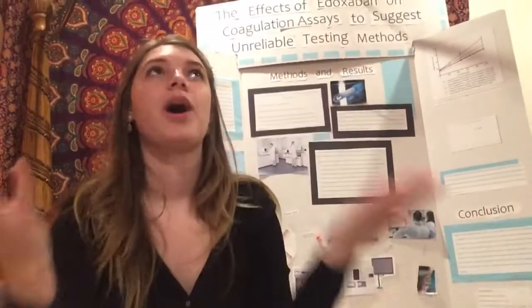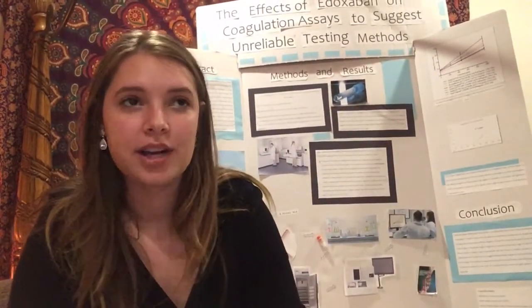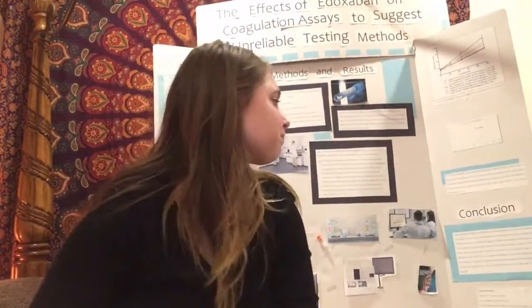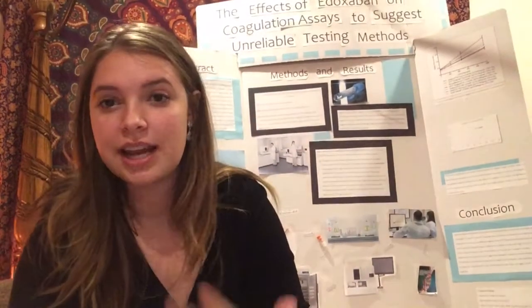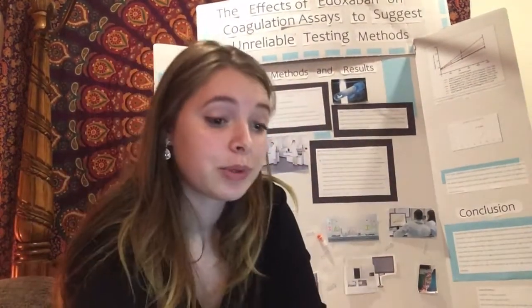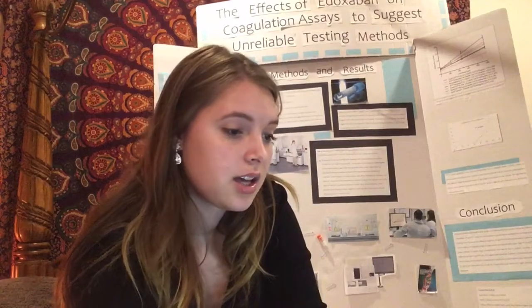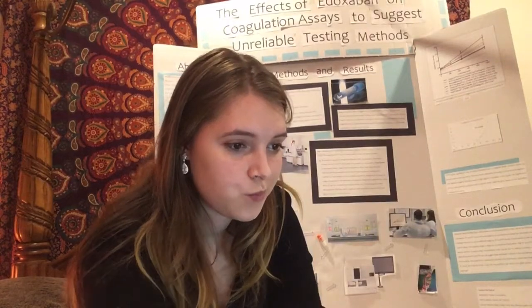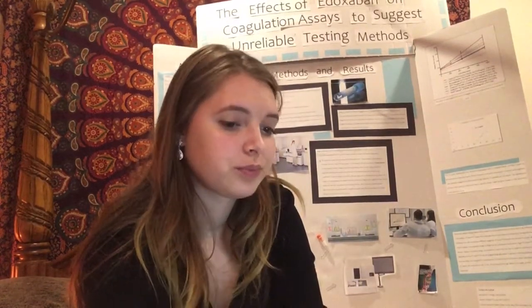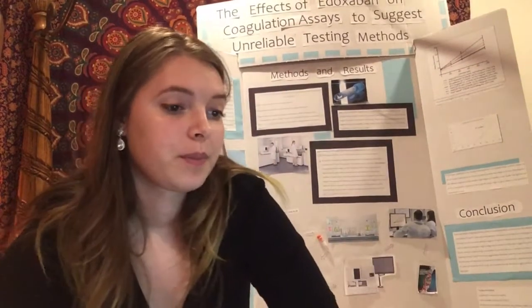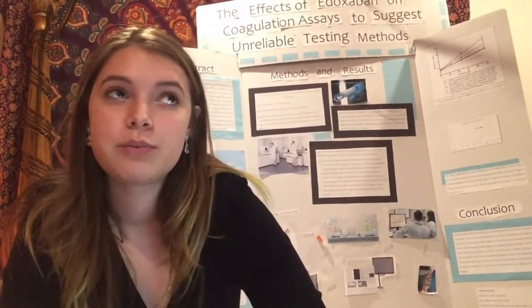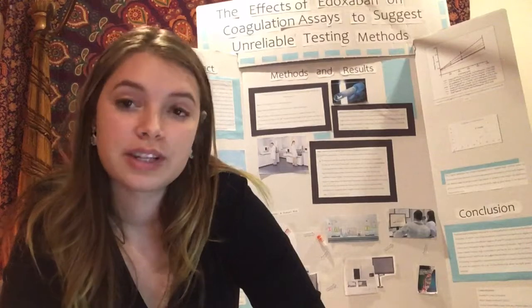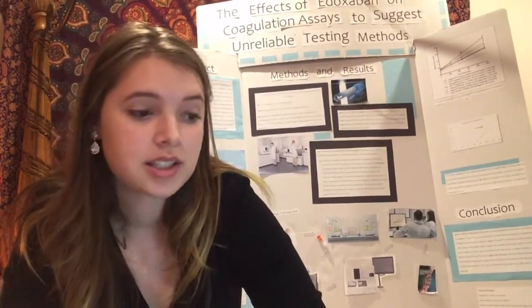So really, why is this so significant? Doctors need to understand how to interpret these common assays. What the main point is, we really want to prevent patient bleeding events.